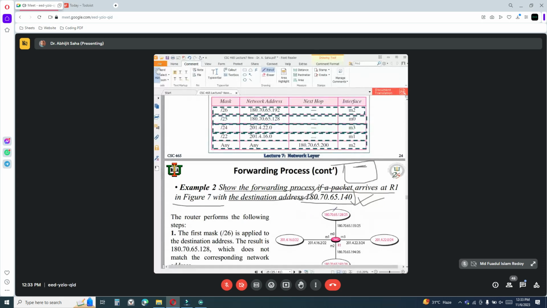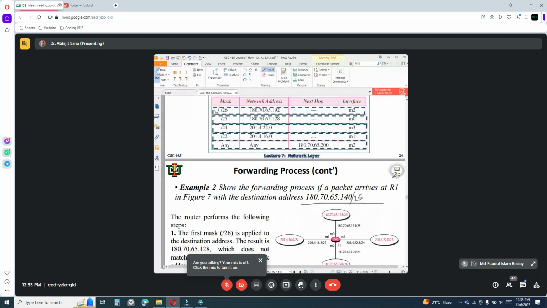You need to take this IP address and apply the mask /26 here, because in the routing table the first mask is 26. Now, how do we calculate the first address?